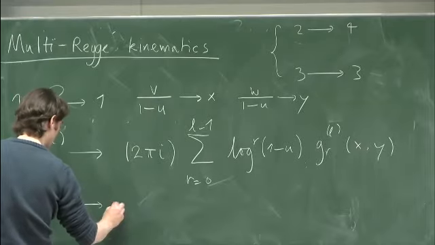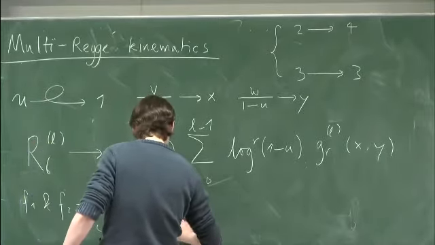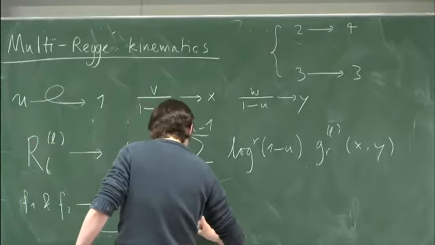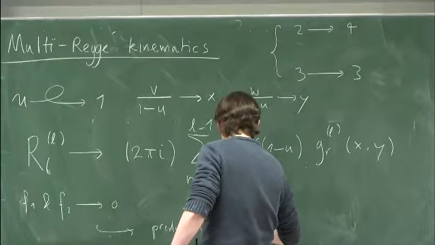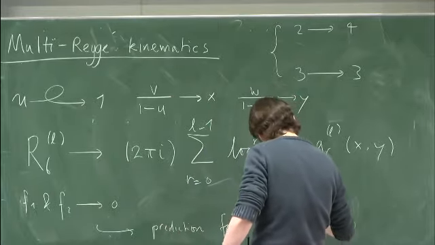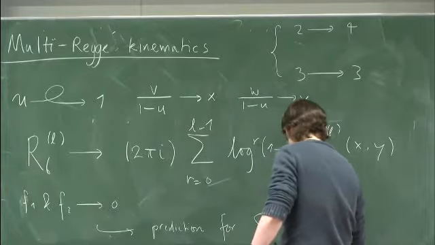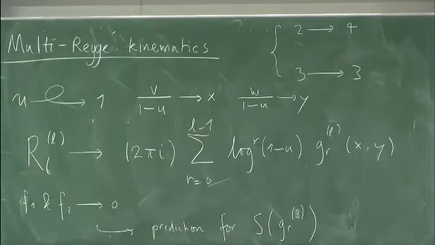So our two arbitrary parameters actually drop out of the symbol, which therefore means that we get a prediction at 3 loops for the symbols of the G R 3 functions, because we're at 3 loops. So we obtain the symbols of these G functions.